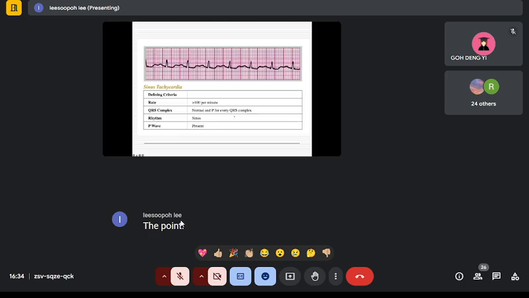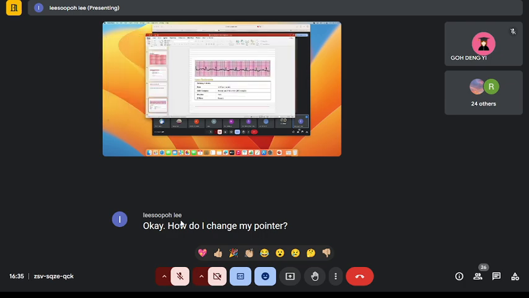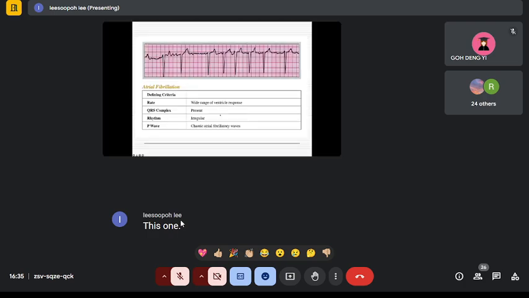Okay, how do I change my pointer? This one. Okay.